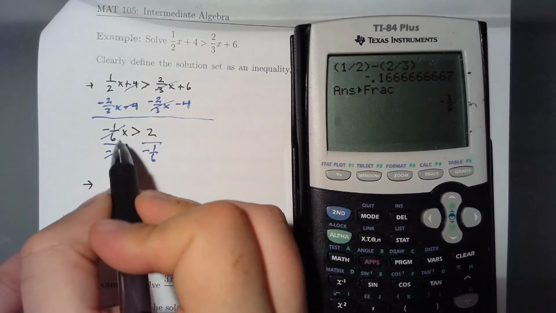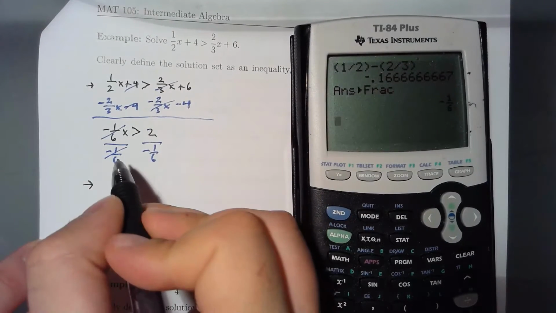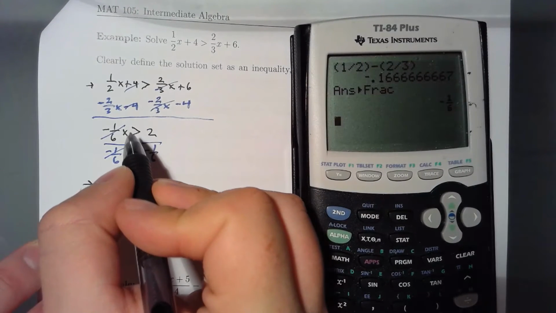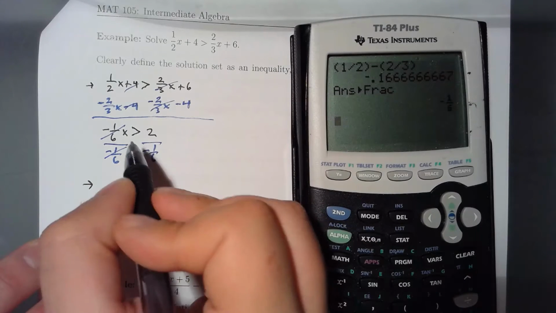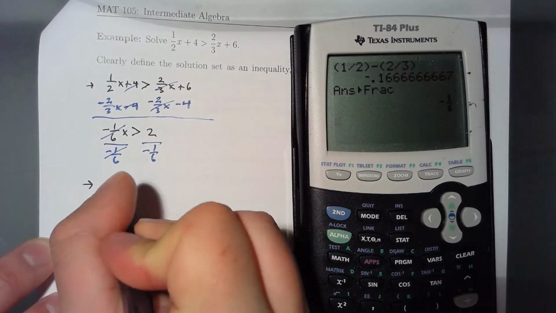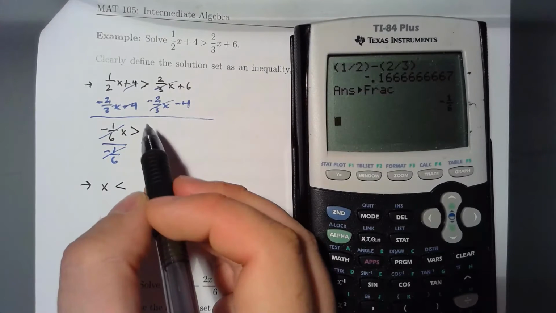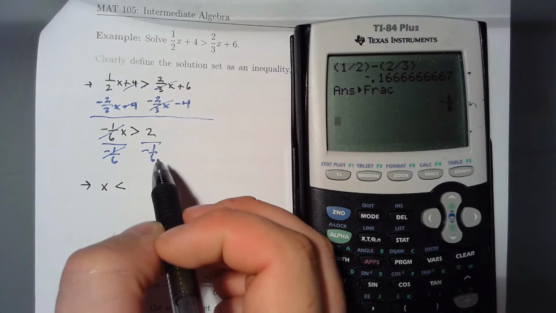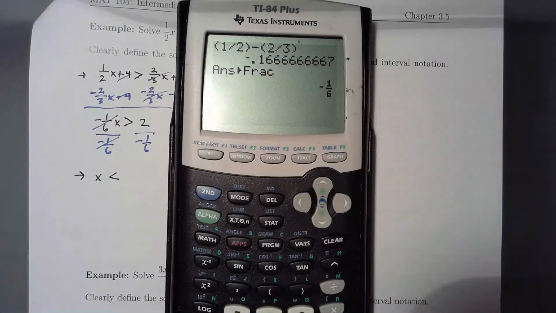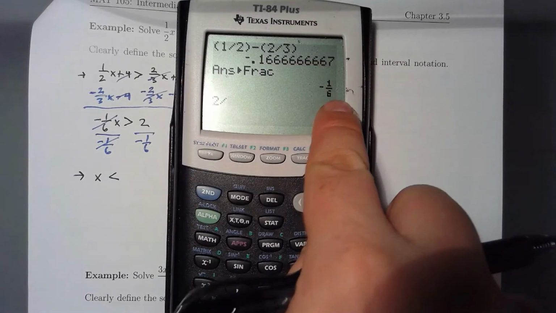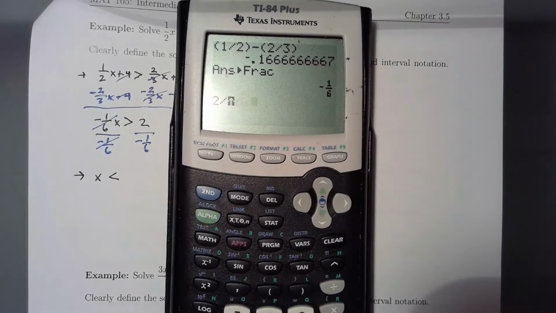So now, because I divided or multiplied by a negative number, this greater than becomes less than. So I'm going to have x is less than 2 over negative 1/6, which I'll do on my calculator. So 2 divided by this number, second answer, gives me negative 12.